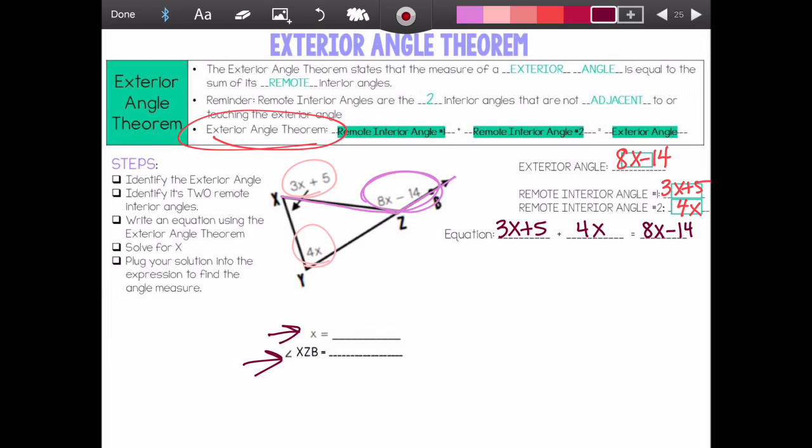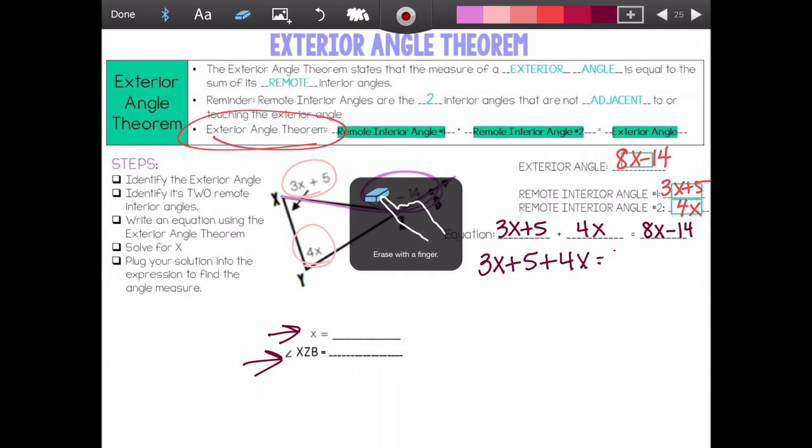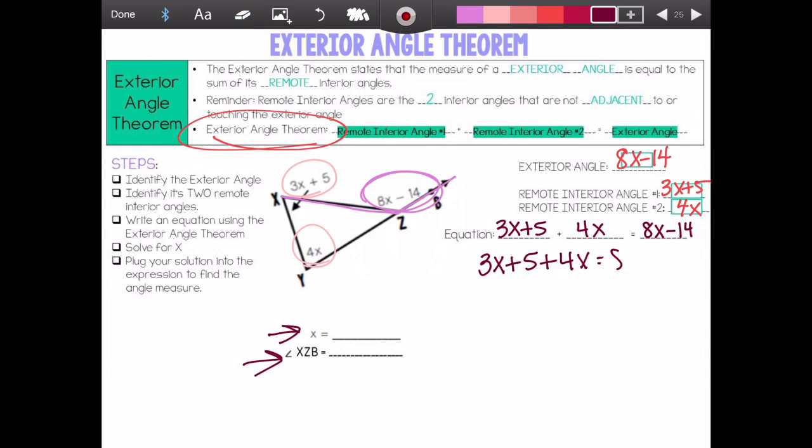Okay, so now I'm going to rewrite my equation. So 3x plus 5 plus 4x equals 8x minus 14. Alright, so let's look at this for a second.